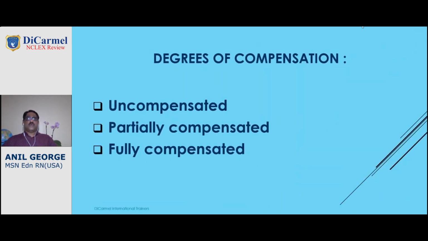And also, when we talk about compensation, something I didn't tell you yet: the compensation can happen in different degrees. It is either uncompensated or compensated, and the compensated itself could be partial or full or complete. Okay, so let's see what it means. When we move forward, we're going to see a clear picture of each of these conditions, and that will help us understand and answer the related questions.